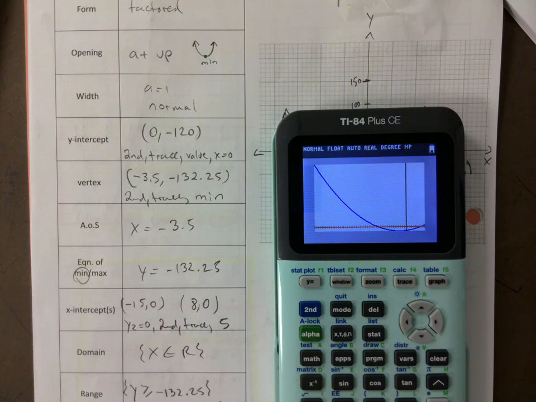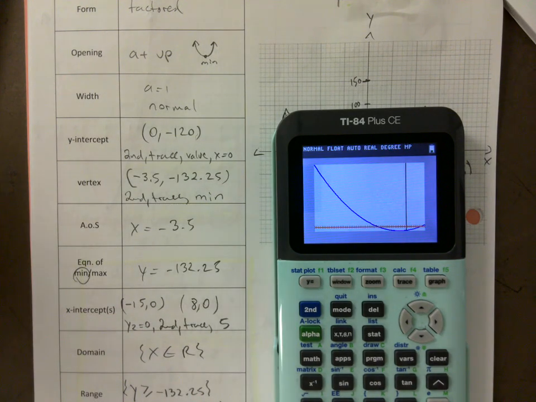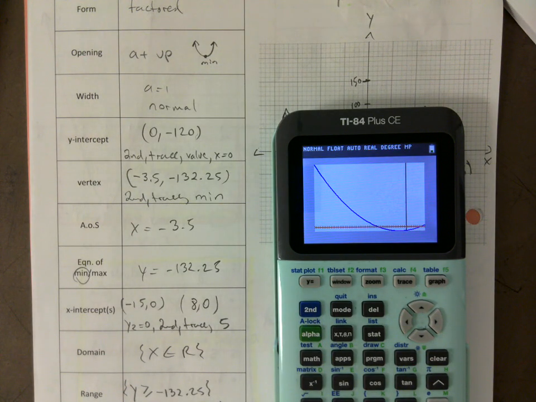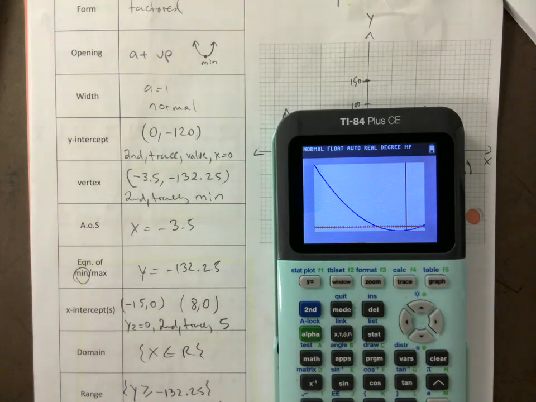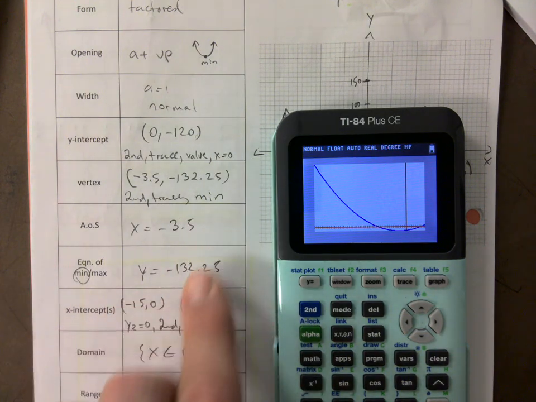Try zoom fit. If zoom fit is terrible, what are you gonna do? What's the default to reset your window? If zoom fit doesn't work for you? Zoom 6. You wish you could just do undo, right? Undo, go back. Maybe when your kids come through the system, we'll have calculators like that.